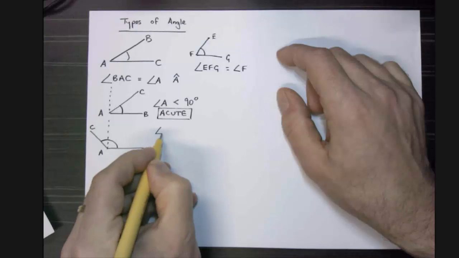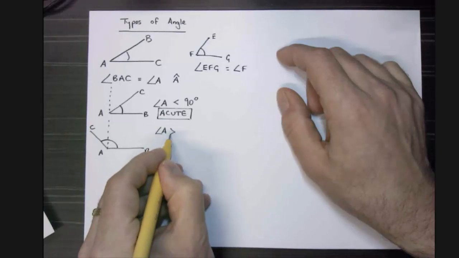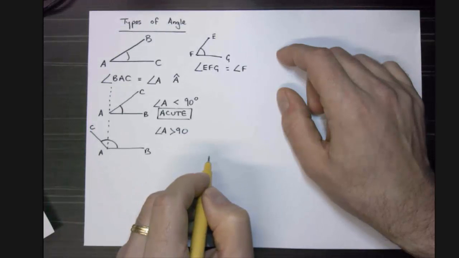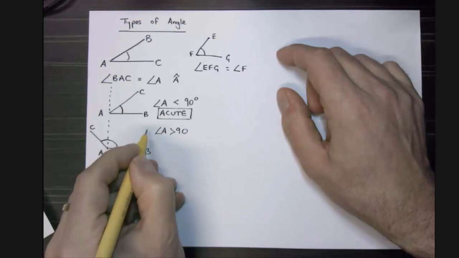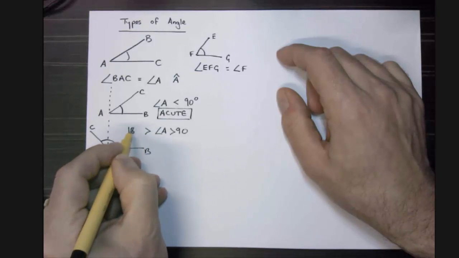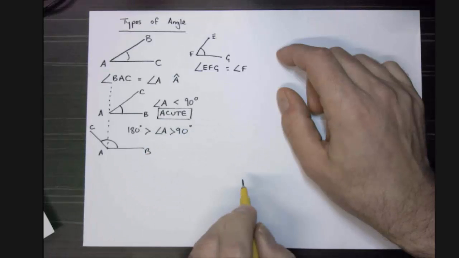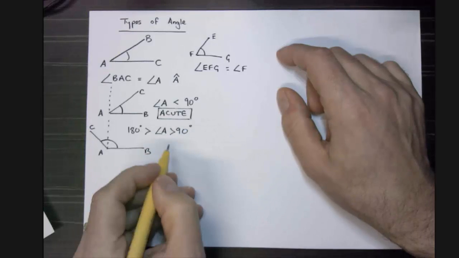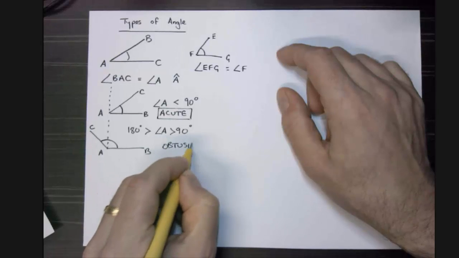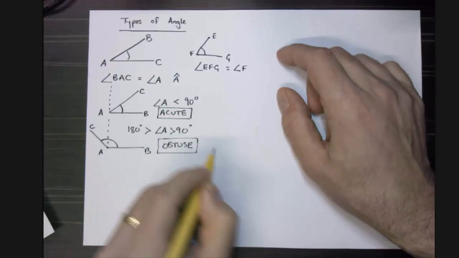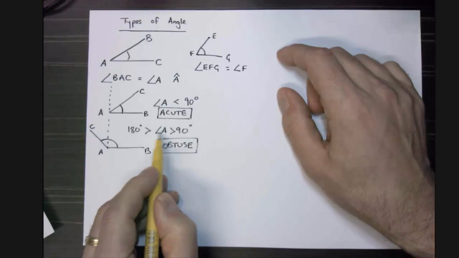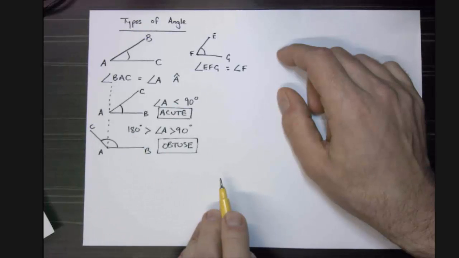If the angle is bigger than 90 degrees, but the angle is also smaller than 180 degrees, then we have what we call an obtuse angle. Obtuse angle. That's the second type. So the angle is greater than 90, but the angle is less than 180.